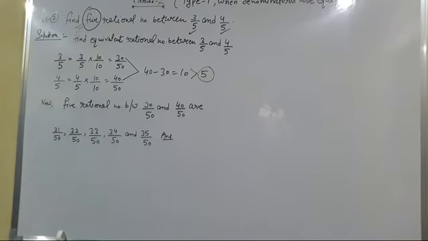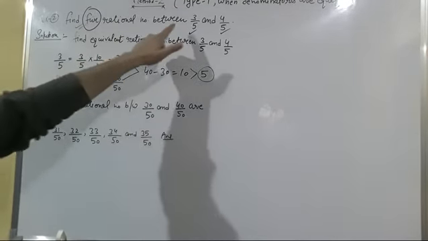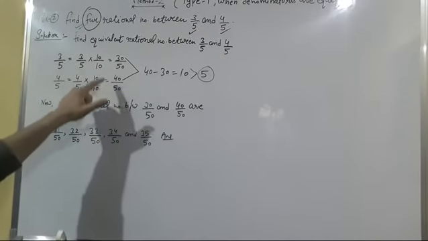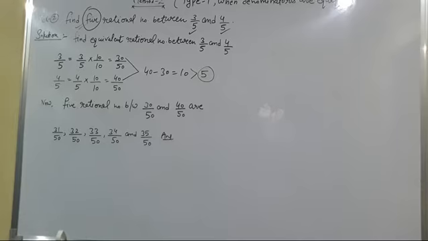These are the 5 required rational numbers between 3 by 5 and 4 by 5, or we can say between 30 by 50 and 40 upon 50.